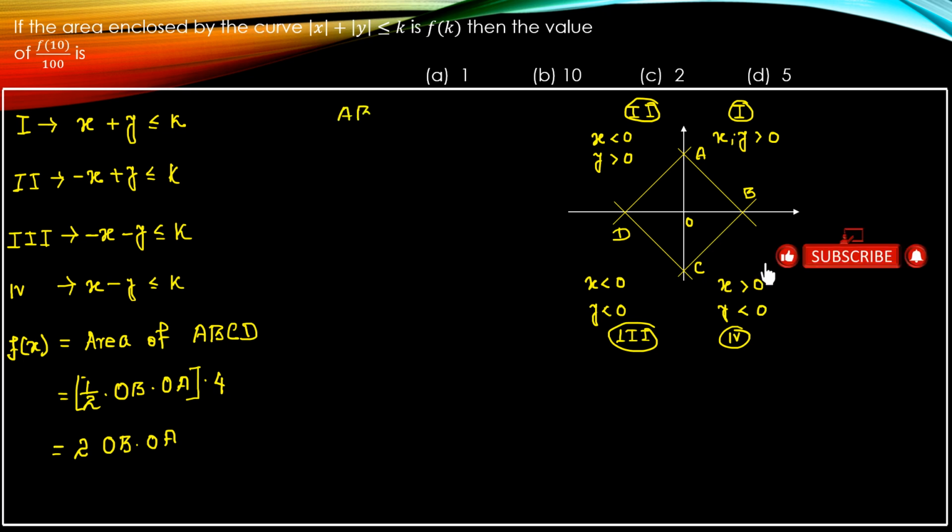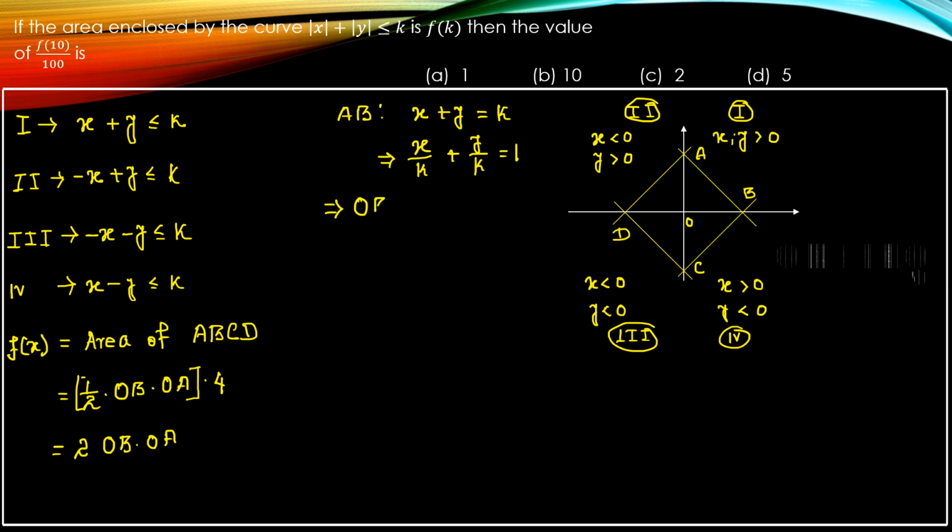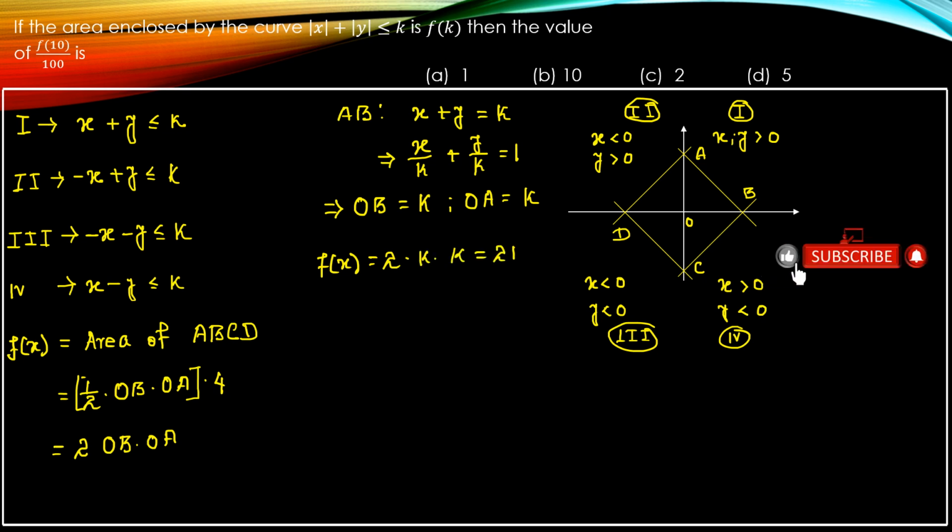The equation of AB is x + y = k. In axis intercept form, it is x/k + y/k = 1. That implies OB is equal to k, the x intercept, and the y intercept OA is also equal to k. Therefore f(k) is 2 times k multiplied by k, which equals 2k².